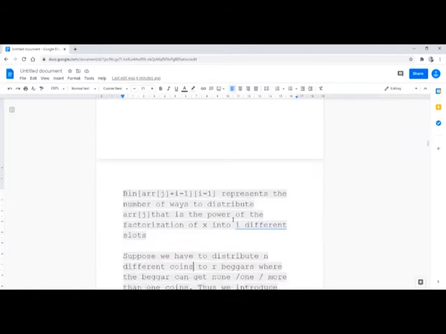So what is the binomial quotient of n equal to ARR of j plus I minus 1, where r is equal to I minus 1? It represents the number of ways to distribute ARR of j, that is the power of the factorization of x, into I different slots.